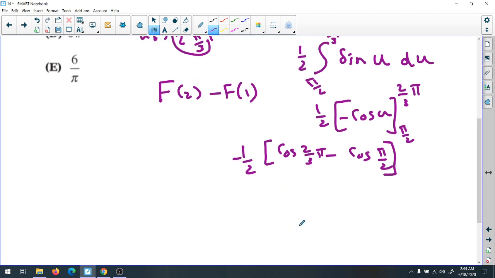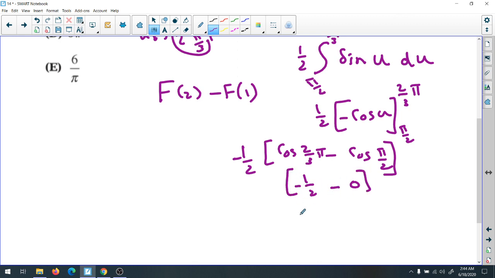As we know, pi is 180. 180 divided by 3 is 60, and 60 times 2 is 120. Cosine of 120, if you remember, is similar to cosine of 60, but it's in the second quadrant, so it will be negative a half. A little sign like this, if you forget it, will change the whole answer. Minus cosine of 180 divided by 2, which is 90. Cosine of 90 is 0.